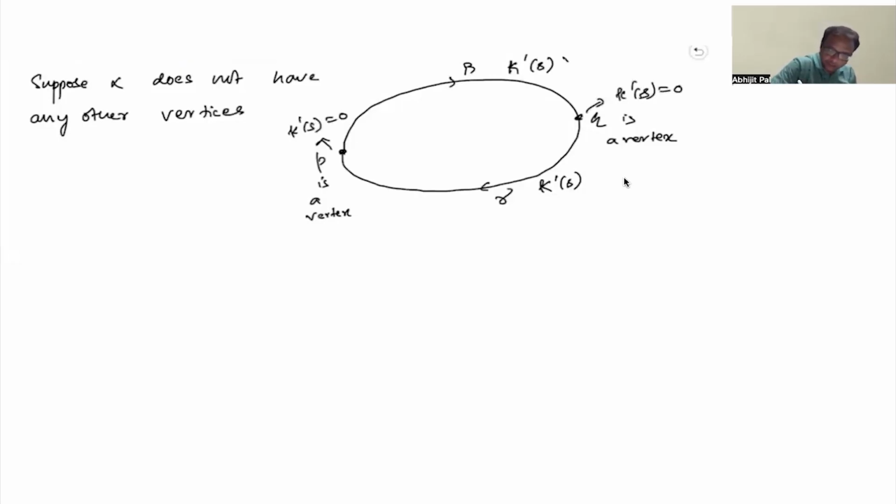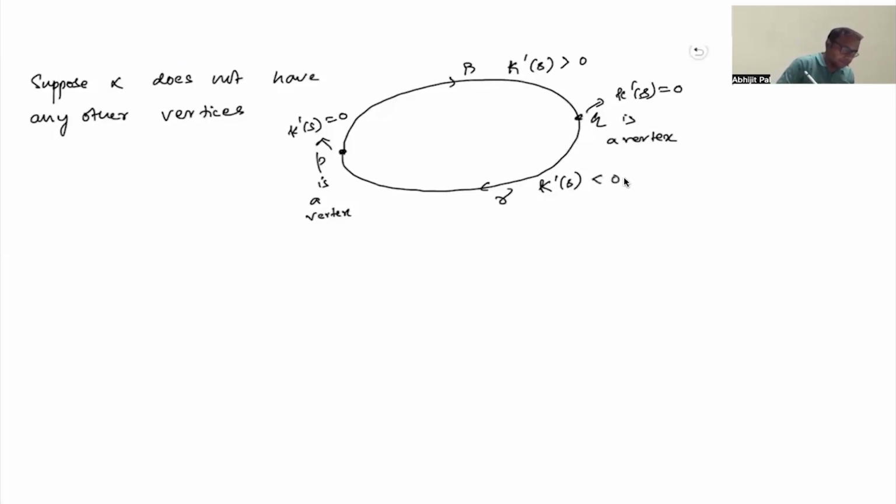Okay. So k prime s, so on beta it is greater than 0, and k prime s here, it will change the sign. So if on beta k prime s is greater than 0, then on gamma this k prime s will be less than 0. Okay.